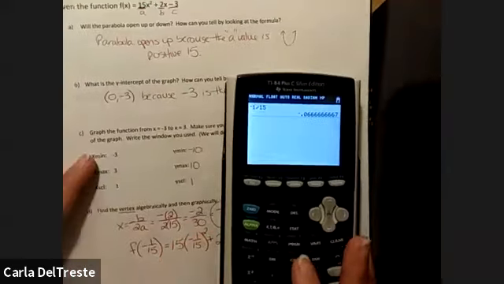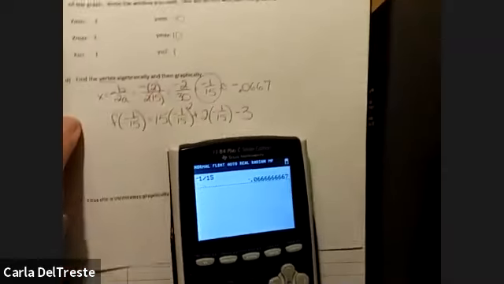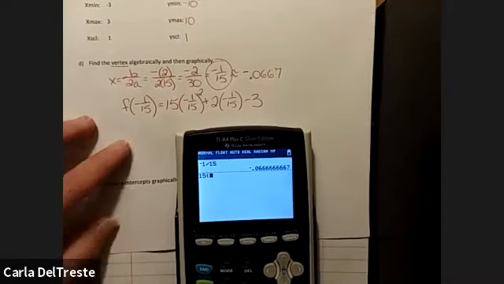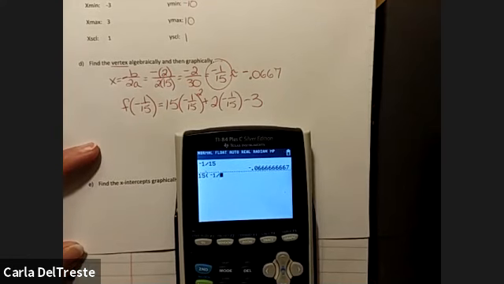So let's do that together on our graphing calculator. I'm going to type in 15, open parentheses, -1 divided by 15, close parentheses, squared, plus 2, open parentheses, -1 divided by 15, close parentheses, and then -3. And I'm going to hit enter.